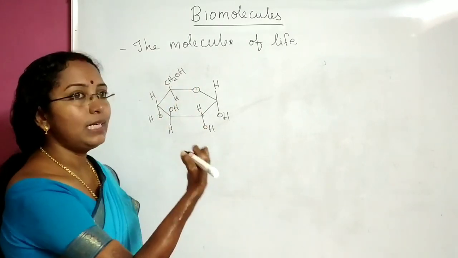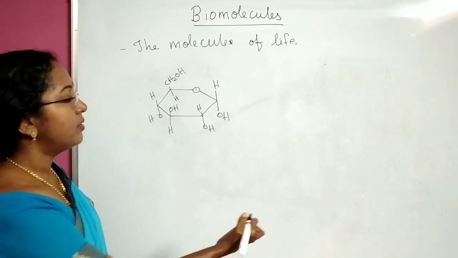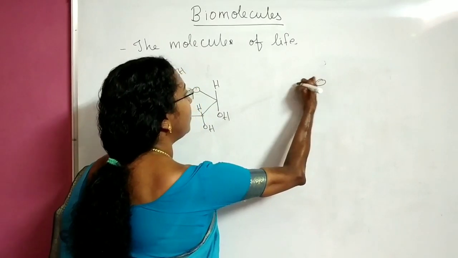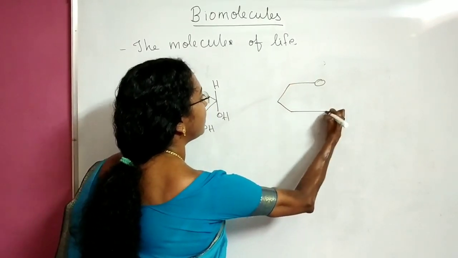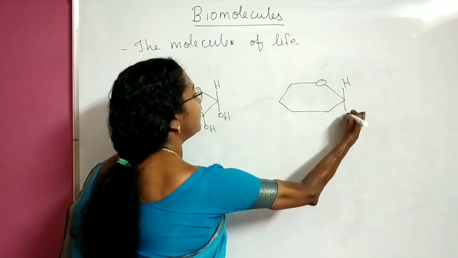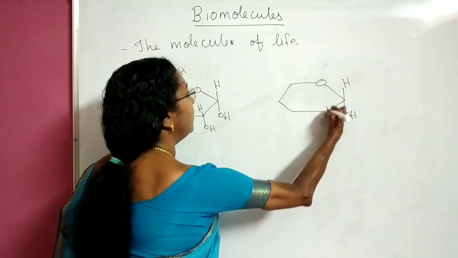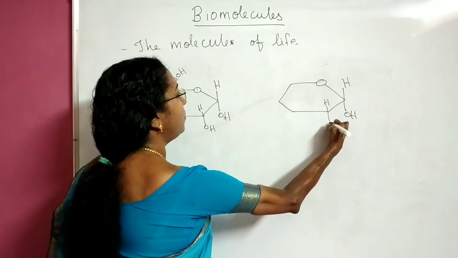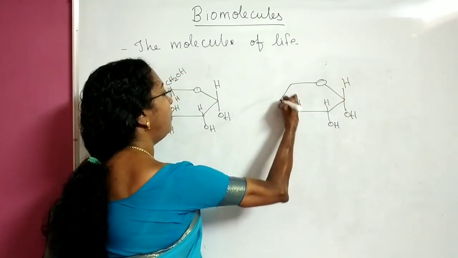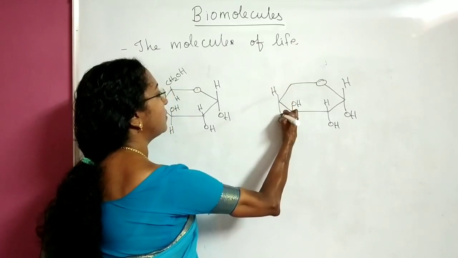Now I am going to link it with the next glucose, so I have to draw one more glucose molecule. Both I am making as alpha glucose. So in both cases, first carbon orientation is H, OH.